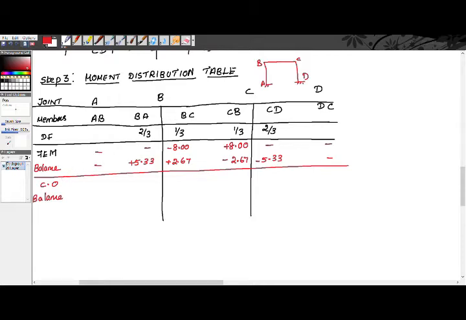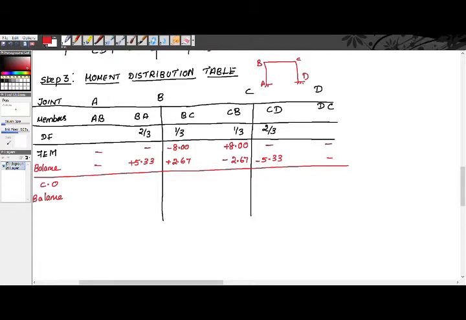So, for balancing, we take joint B. At joint B, we have only minus 8. So, 0 plus minus 8. Minus 8 multiplied by 2 by 3, we get minus 5.33. So, for balancing, we have to put plus 5.33. Again, minus 8 multiplied by 1 by 3, we get minus 2.67.